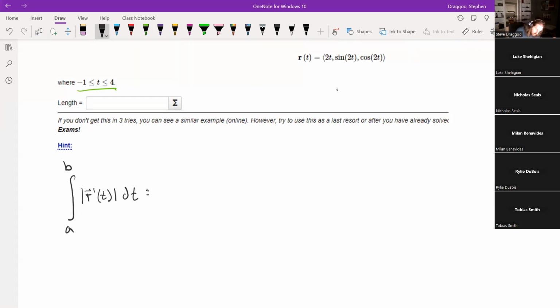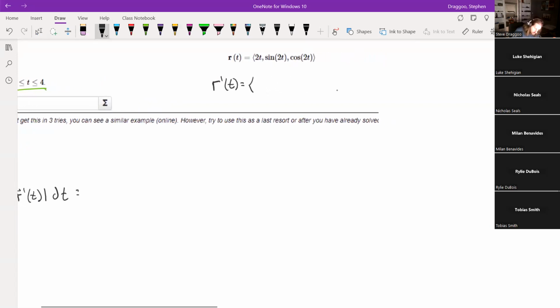We are going to need r prime, aren't we? Let's go get that. R prime is the vector 2. Derivative of 2t is 2. Derivative of sine 2t is 2 cosine 2t.